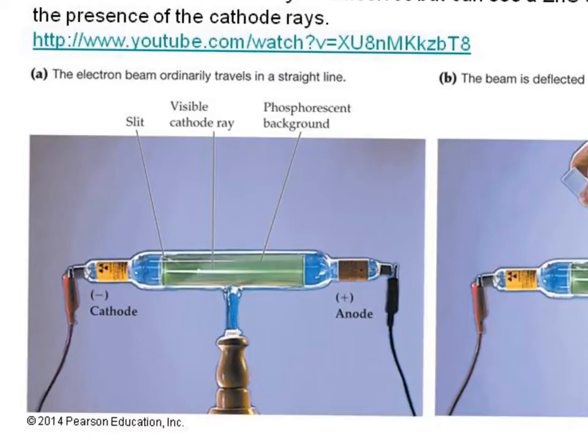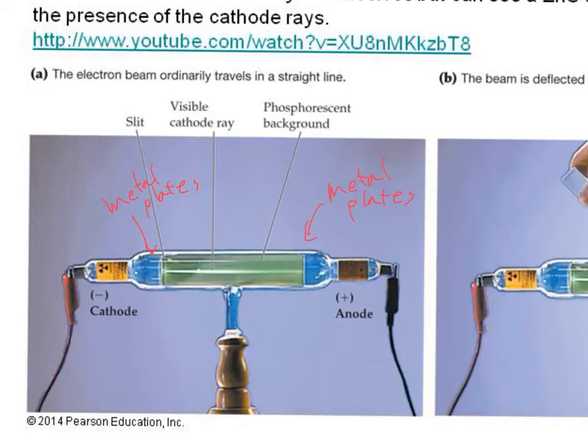A cathode ray tube consists of two metal plates. These two metal plates are placed in a vacuum tube.